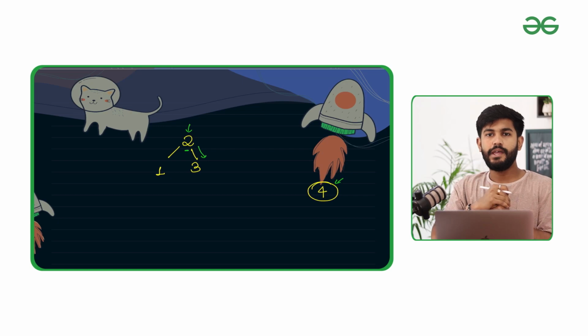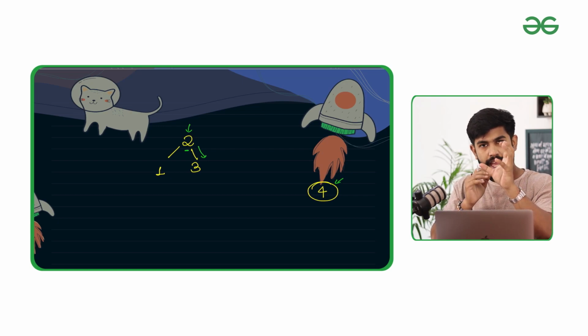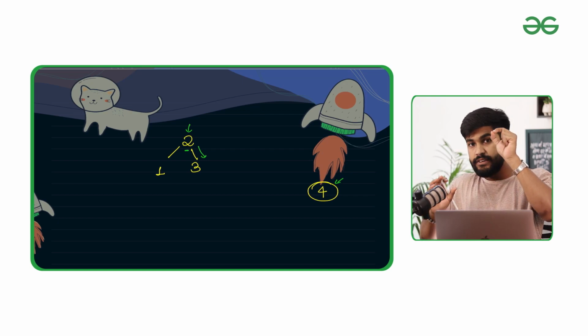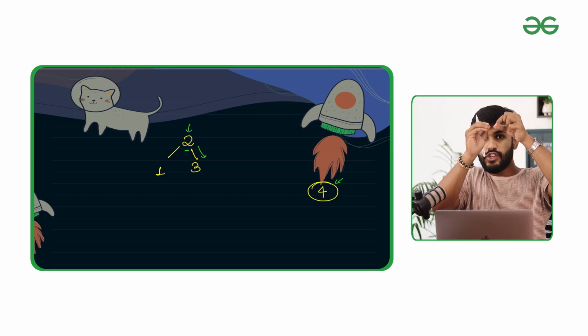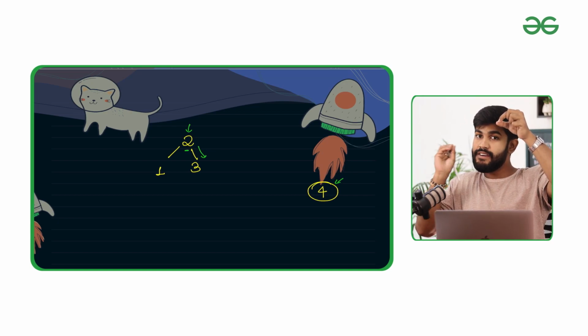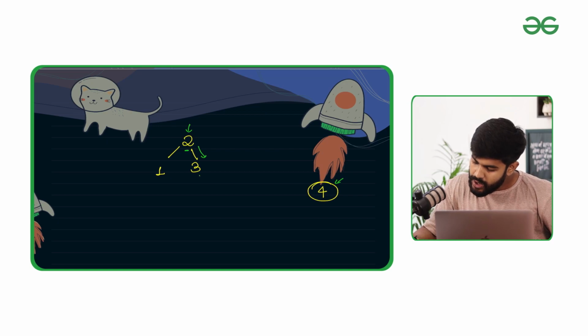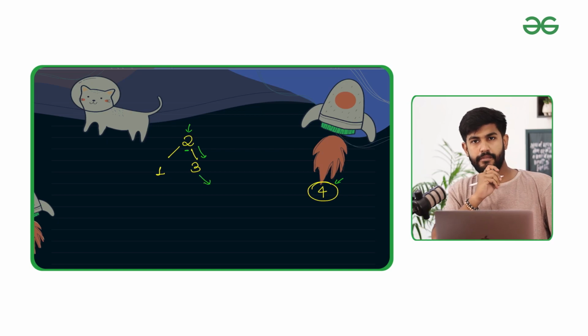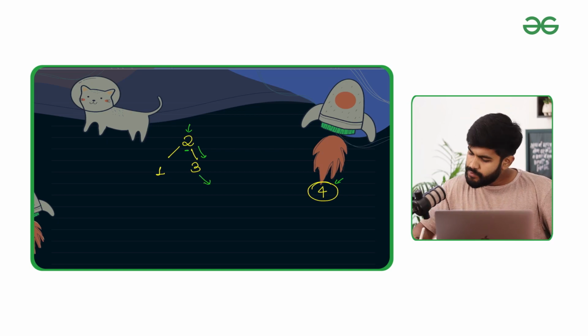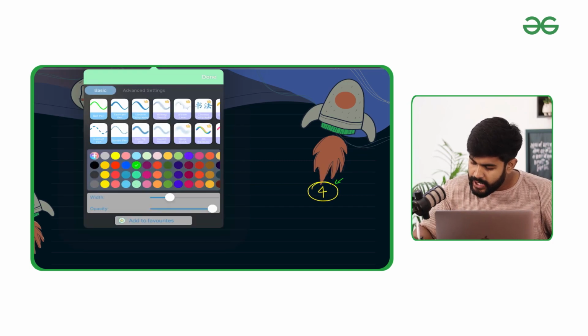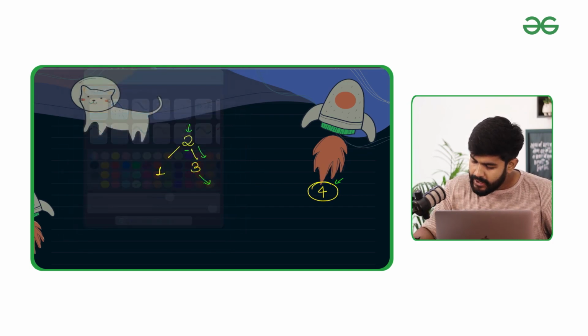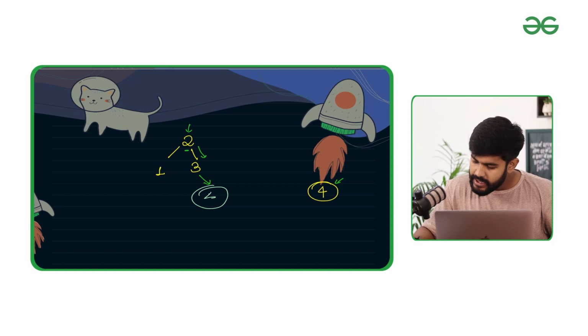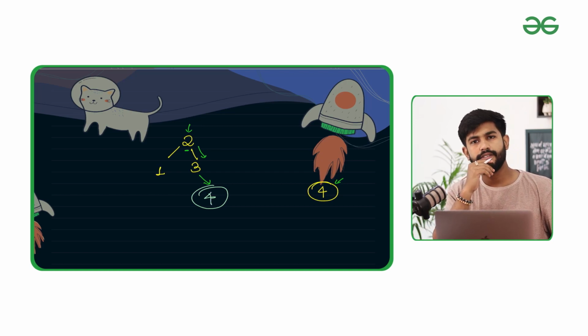Then we have 3, and 4 is greater than 3, so we should move on the right hand side again. But here it is null, so we can simply make a new node at this point with the value 4, and this would be correct.